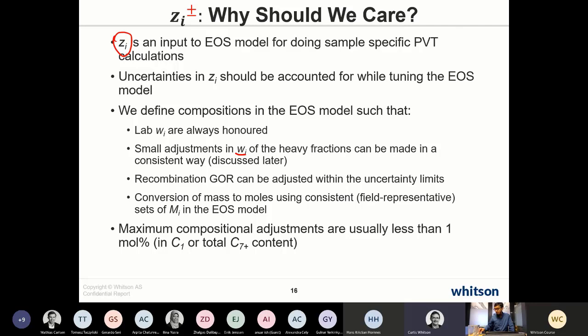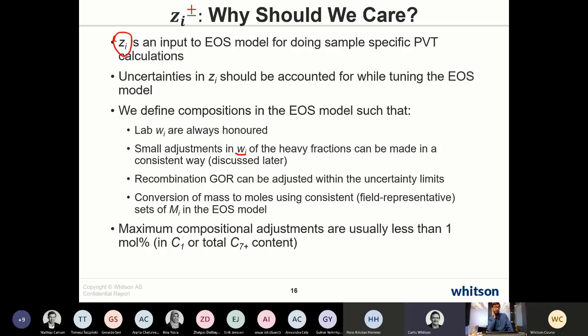Yeah, Curtis. This is something that was implemented into the PVT software that I wrote back in the mid-1980s called PVTX. It's now marketed and sold by Roxar.